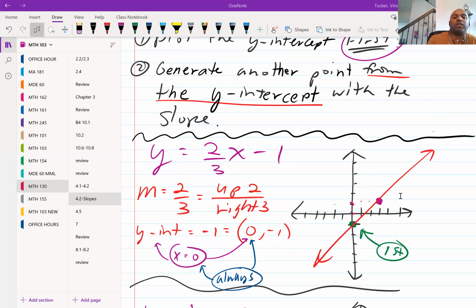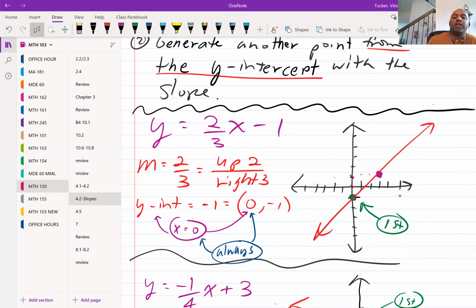So if we follow the instructions, remember it says plot the y-intercept first. So you go to your origin and then go down 1. That'll give us this point right here. You always plot your y-intercept first. And then from your y-intercept, not from the origin, you go up 2, right 3. And that'll give you the point in purple. And then that's your line.